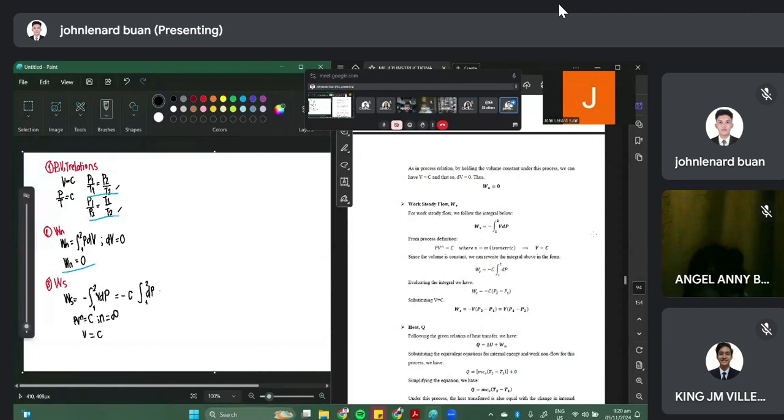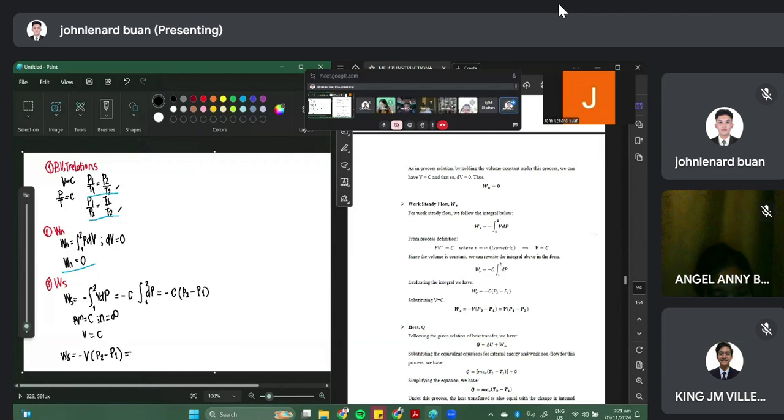From there, integrating dP will give us negative C times P2 minus P1. Therefore, the equation of work steady flow under an isochoric process, substituting the value of C, which is the volume, will be negative V times P2 minus P1. Alright?